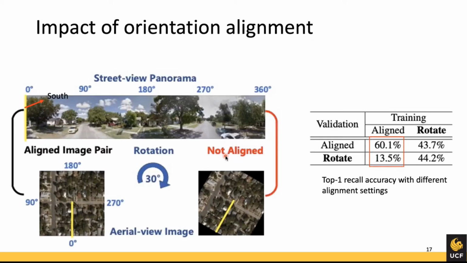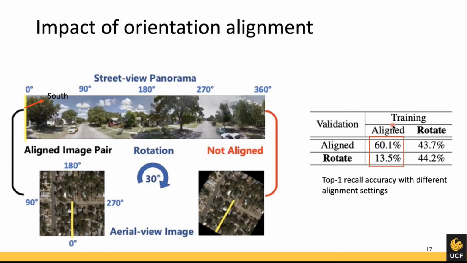We studied this question by empirically running some experiments. We take the commonly used benchmark called the CVUSA dataset. In this dataset, the orientation alignment is fixed. As I indicated here, this always indicates the south at the beginning, and this direction indicates the south for the aerial image.